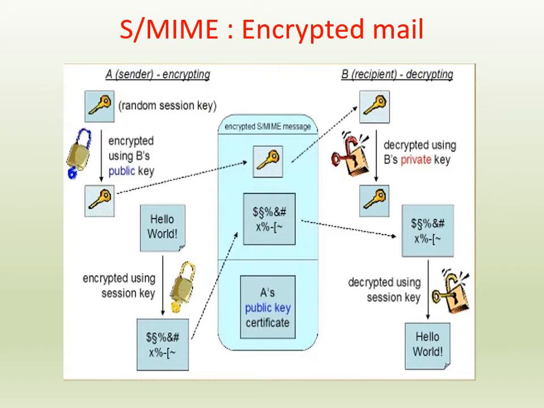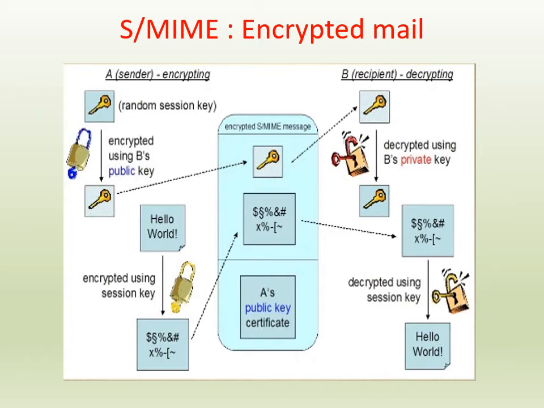Your text message or information to be transmitted is also encrypted using the session key. Both the data and the session key get sent to the receiver. The receiver first decrypts the session key using its private key, and then the message is decrypted using that session key to get the original message.